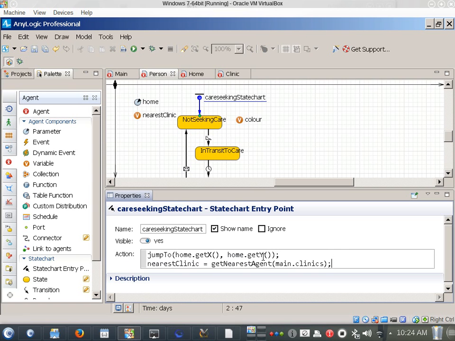Okay, so you have a what? That's because here you have to say nearest clinic. You click on nearest clinic. That's because it's a double, it needs to be a clinic. Remember that nearest clinic needs to be a clinic.